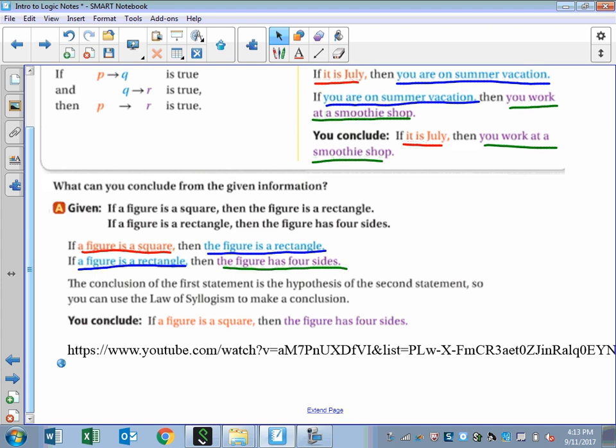So from that you can conclude if a figure is a square, if red is true, then the figure has four sides is true, because it's linked by that conclusion. They both share the blue part.